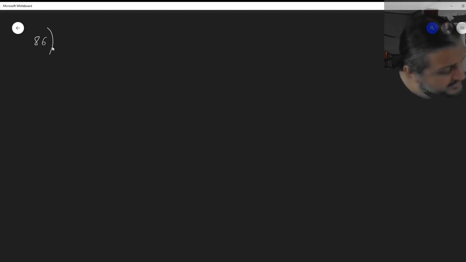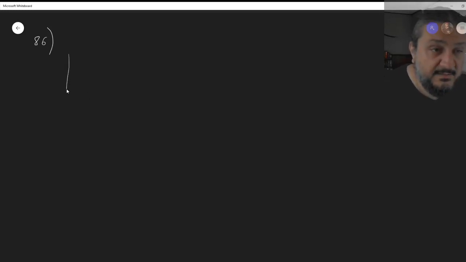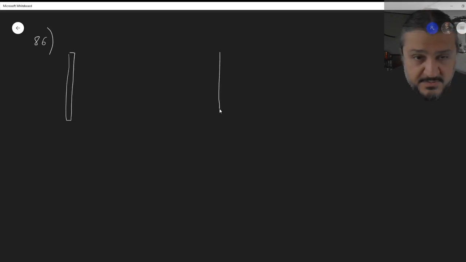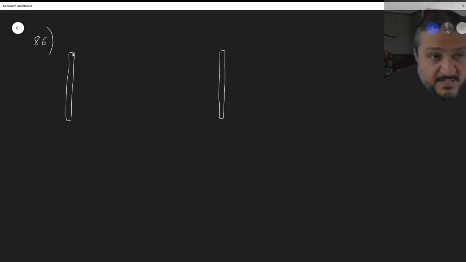A crow perches on a clothesline midway between two poles. Let's see if I can draw a bird here. Two poles. Normally the clothesline, the rope would be stretched over here, but now the bird is sitting in the middle.